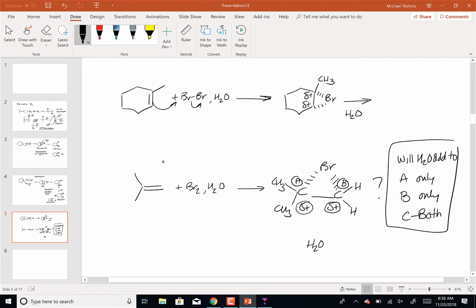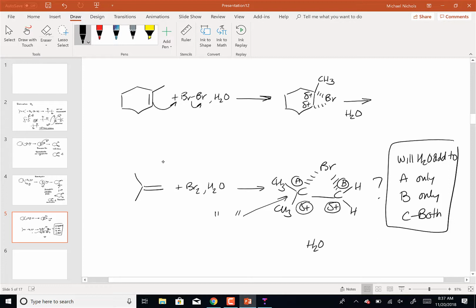So if I said, what kind of carbocation does C look like? Because I'm going to put it in quotes. If the plus charge was totally on A, what kind of carbocation would you call that? And again, whenever I ask that question, the answers are primary, secondary, tertiary.